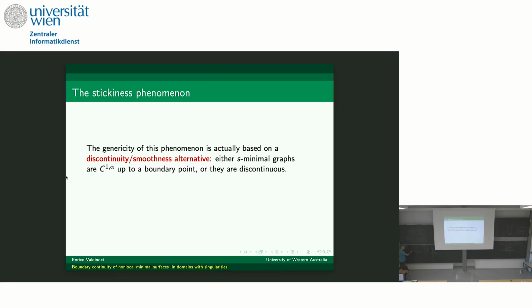And we know that if this is the picture, this has to happen. So this creates a contradiction with the maximum principle because I have two S-minimal surfaces that touch at a point without being equal.